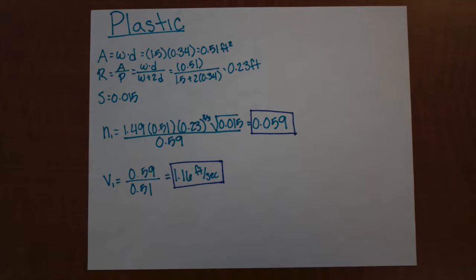And so that came out to 0.015. And then for our Manning's N, when we plugged in all of the numbers, we came up with 0.059. And our velocity, which is the flow rate Q divided by the area, came to a total of 1.16 feet per second for the velocity on the plastic surface.